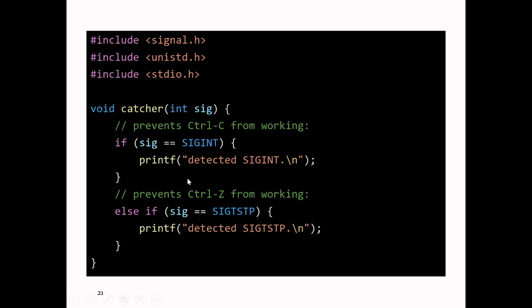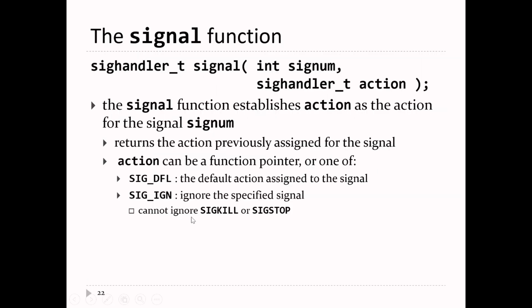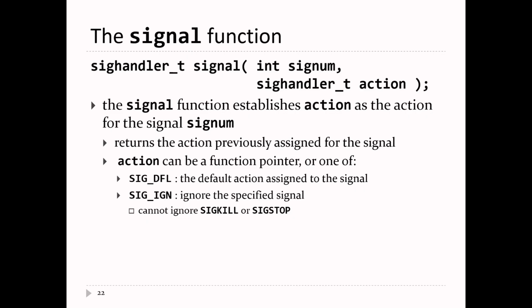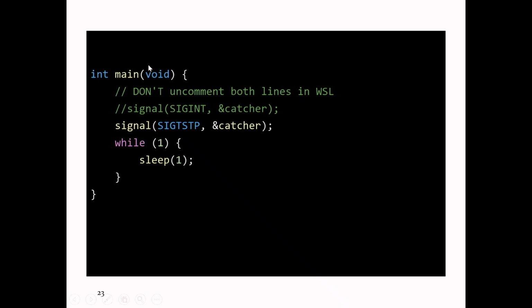Now notice if you run a program with a signal catcher, you can't use Control C or Control Z to stop this program. There's going to be a warning in a second that tells you not to do this here. In the main function, I'm going to use the signal function to register that catcher function as a signal handler.